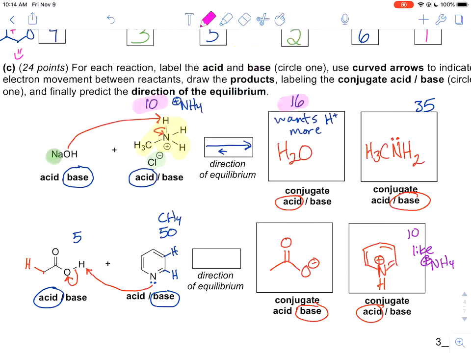We're comparing acetic acid versus ammonium. And again, we see that the right side of the equation has a higher pKa. So the equilibrium is going to be favored strongly to the right. It's actually 10 to the 5th to the right. That's kind of a side note, but that's how we do the acid-base stuff.